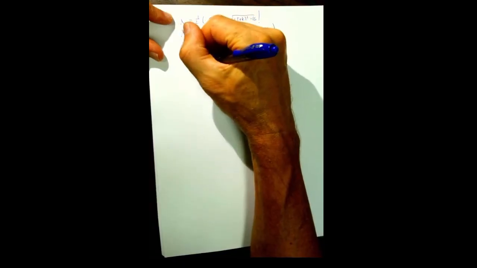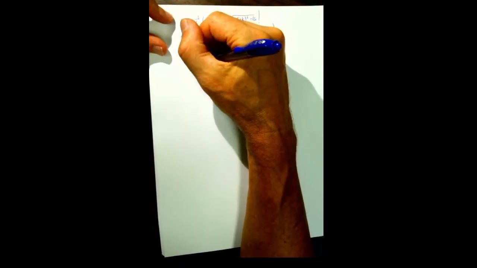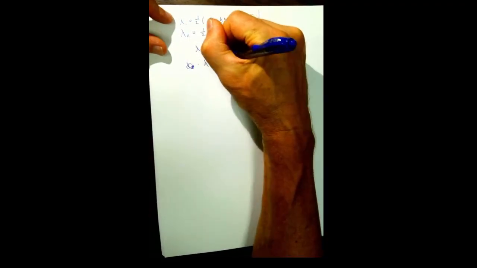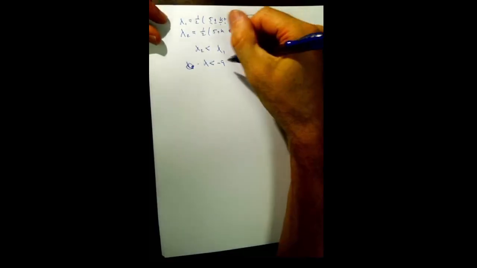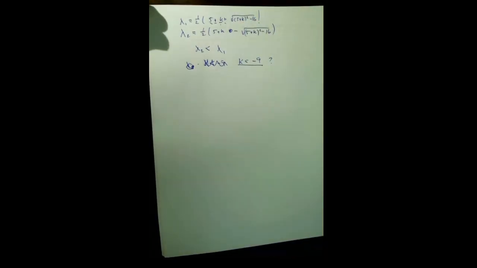So what could happen? Let's just focus on my two cases. I said that k is less than minus 9, and I want to know, what does this imply?